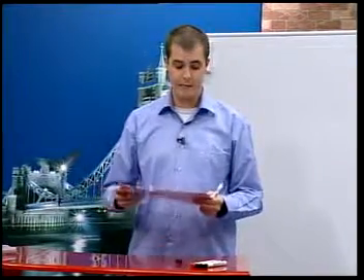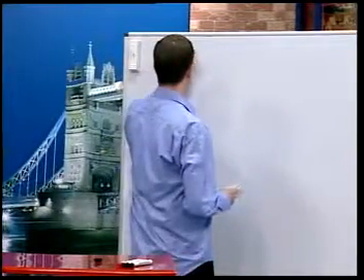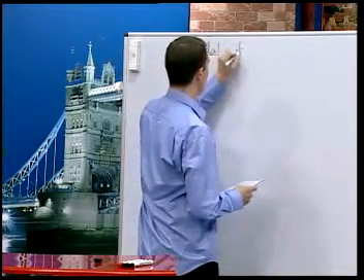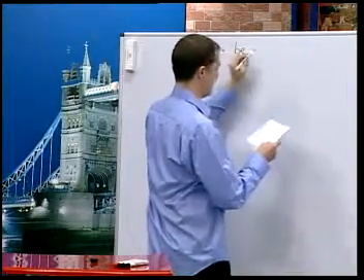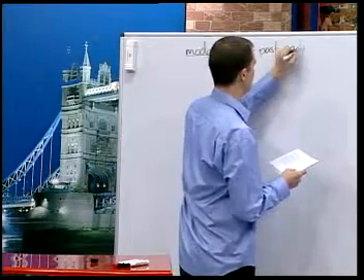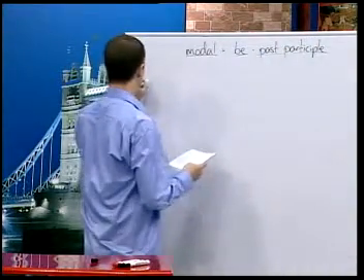Now, to form the passive voice using modals, we use this form. Modal plus be plus past participle.